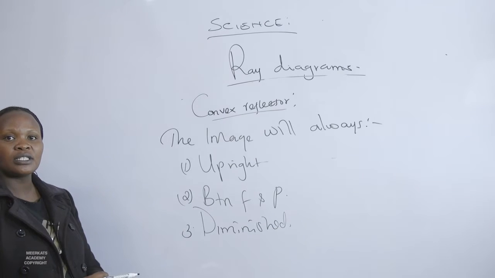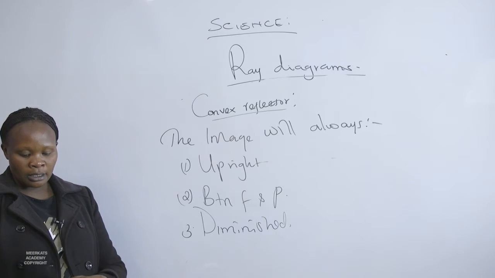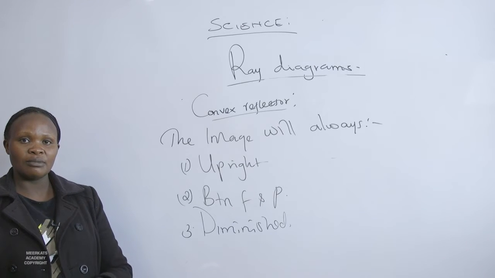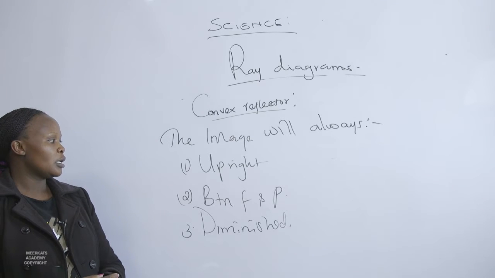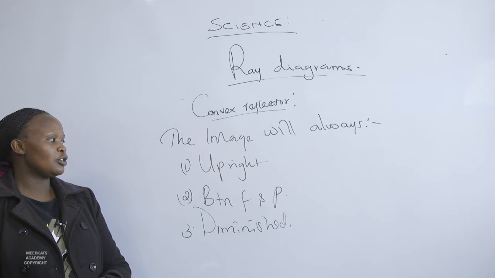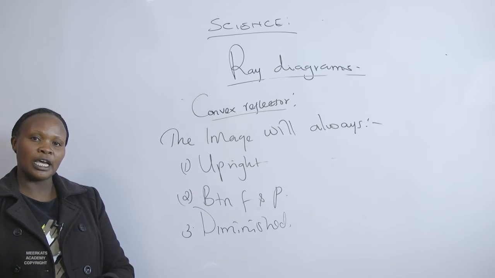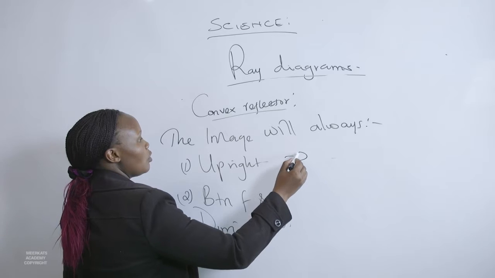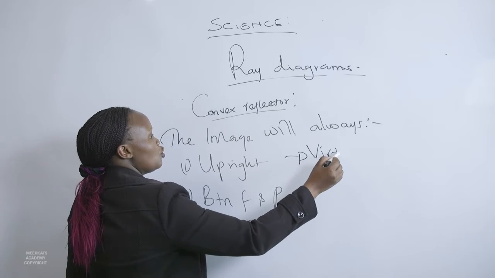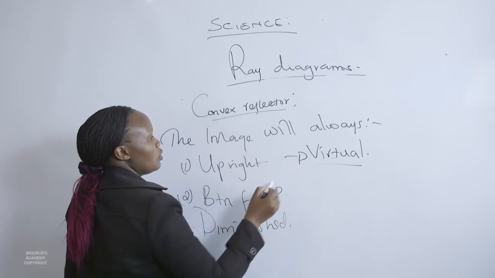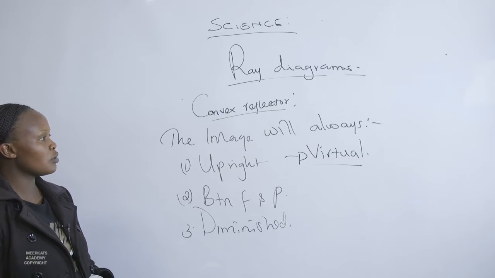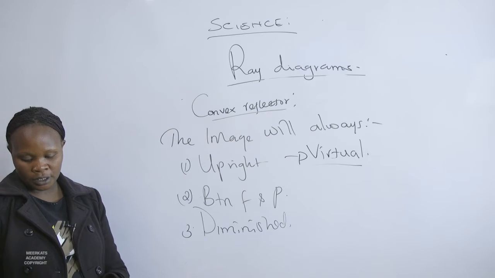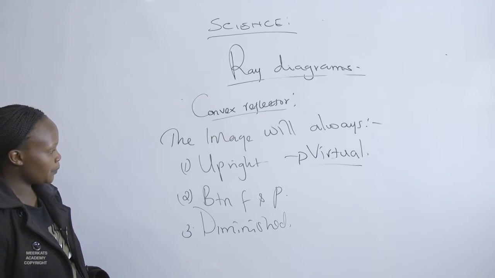Regardless of where you place your object, the image will always be upright, always diminished, always between F and P. And finally, it will always be virtual. For that reason, we do not actually study the images formed by convex reflectors.